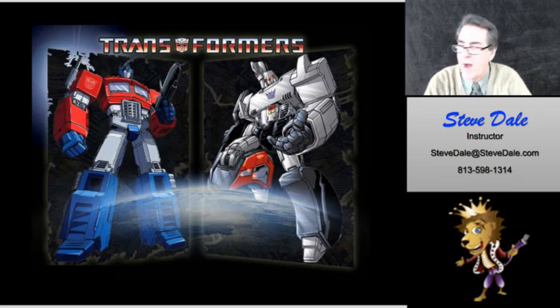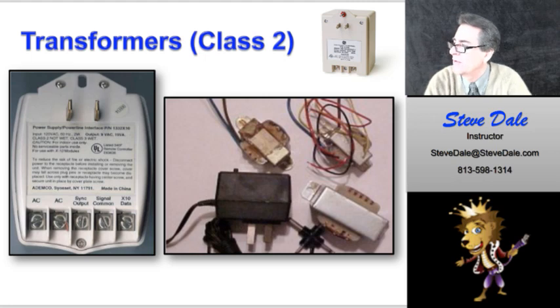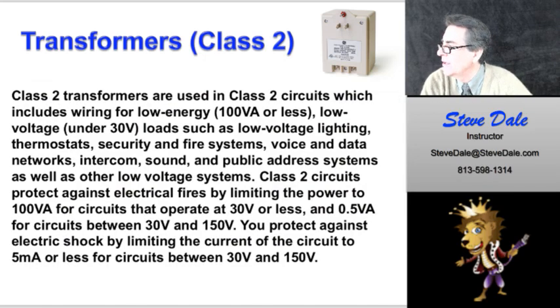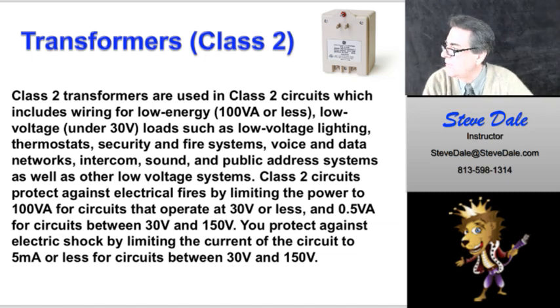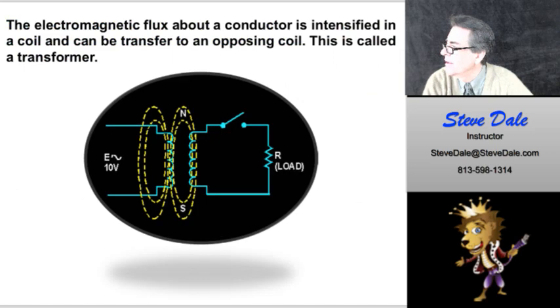Let's talk a little bit about transformers. Not really these types of transformers, but these types of transformers. Our low voltage systems work on class 2 transformers, and this is very typical for alarm systems, telecommunication systems, fire alarm systems, and other types of low voltage systems. They work from class 2 transformers, which are connected to class 2 circuits, and those circuits basically are rated for reduced fire load.